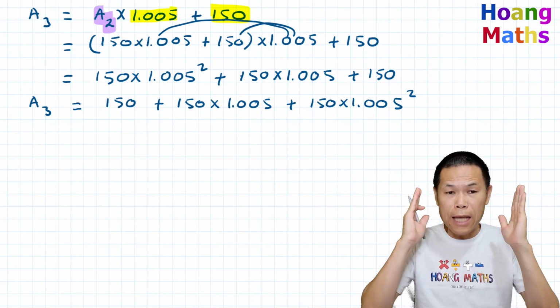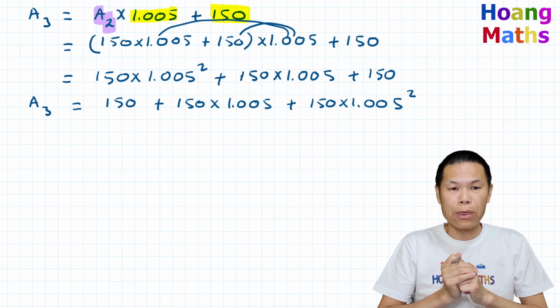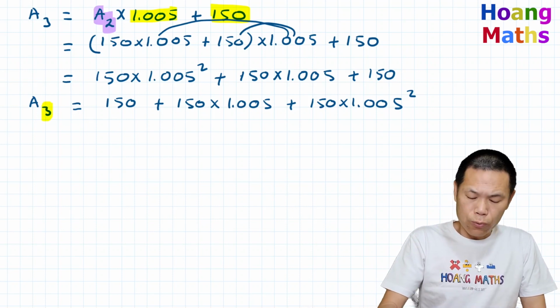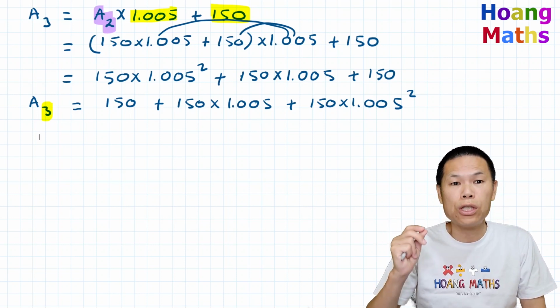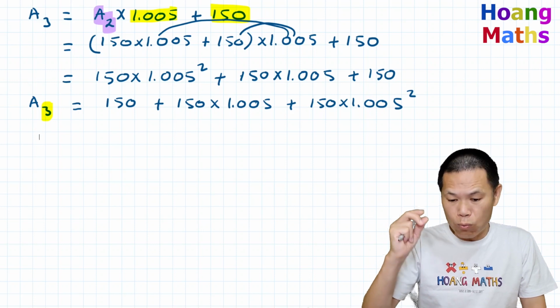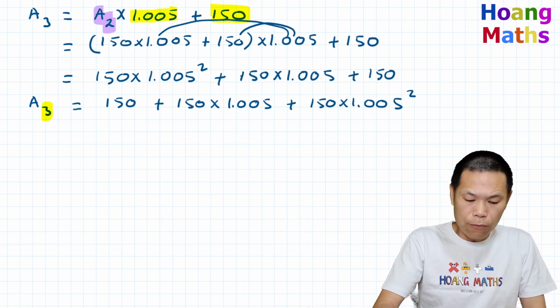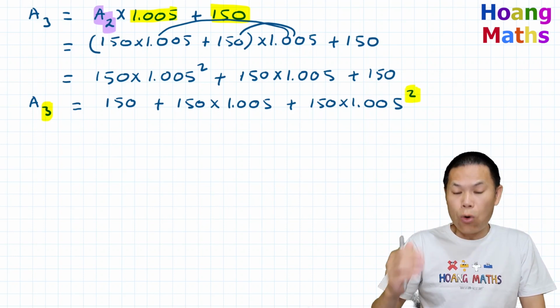In another word, this is how much he has in his account at the end of the third month. So you can see at the end of the third month, A3 gives me all the way to 1.005 power of 2.